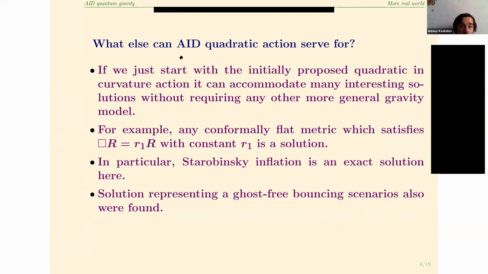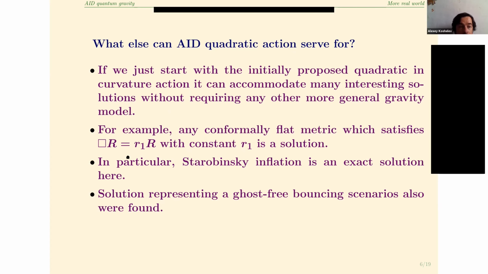In the meantime, let me mention that in the infinite derivative quadratic in curvature action, we can in principle find some other solutions. So even though we advocate this action as a limiting case in Minkowski space, in principle, we are not forbidden to consider this action on a more general footing, and then we will find that there are some other solutions, and in particular, solutions which satisfy box R equal R1 R substitution are solutions here.